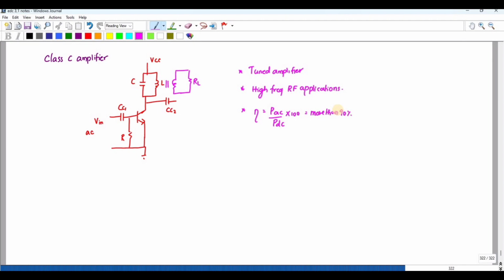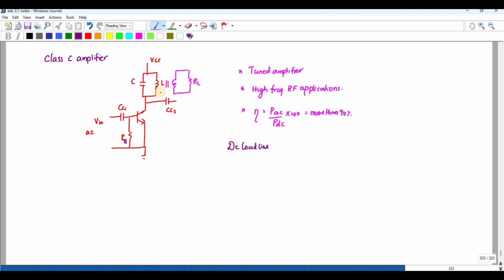So let us discuss the operation. In order to determine the DC load line, the capacitor becomes open circuit, so the AC signal will not be present, and this is your biasing resistor.